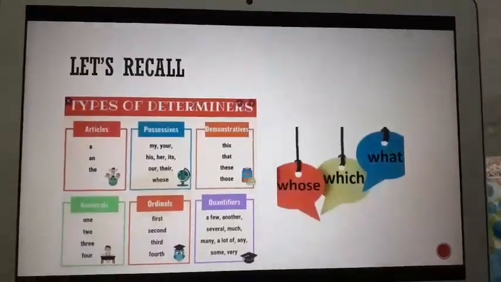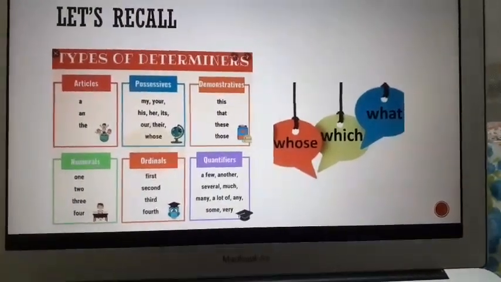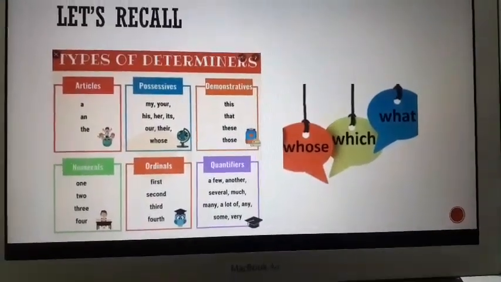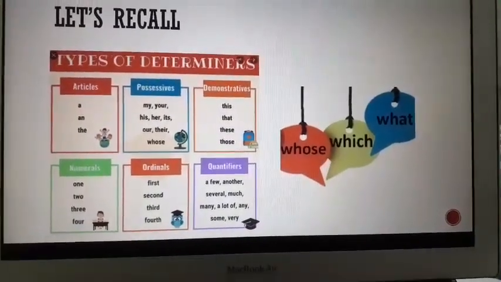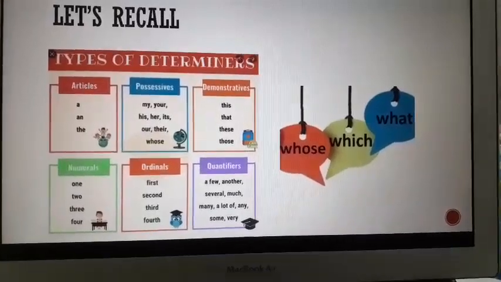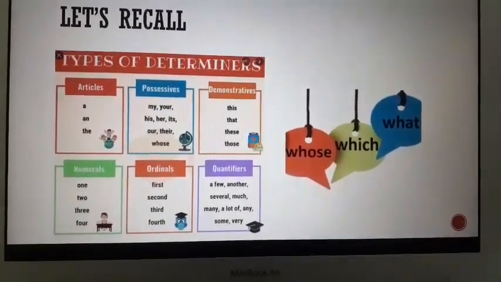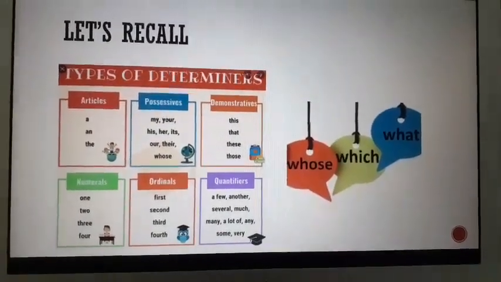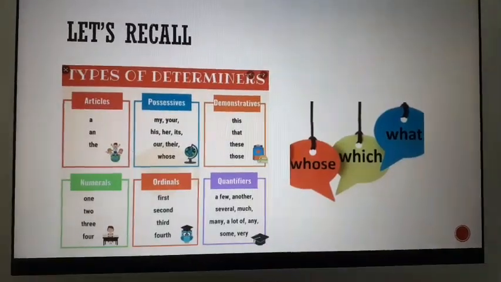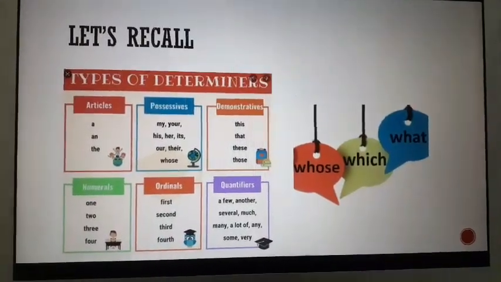Okay. Let's recall now what we have studied today. We have studied about articles: a, an and the. There are two types of articles, definite and indefinite. Definite articles talk about specific things, right?